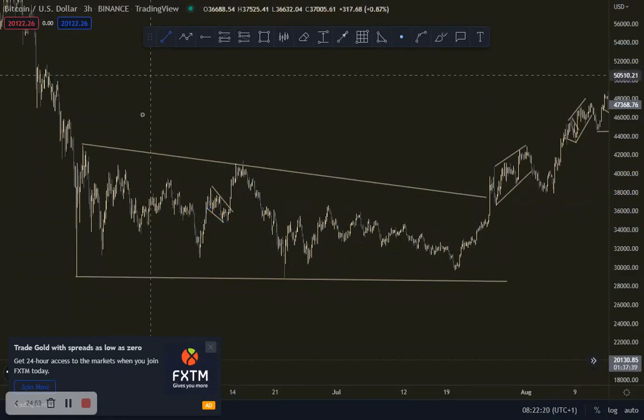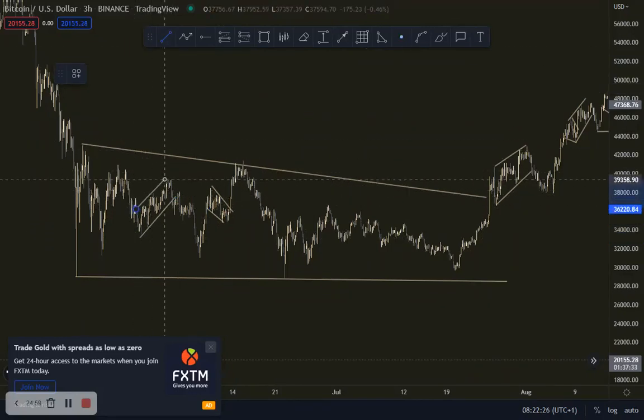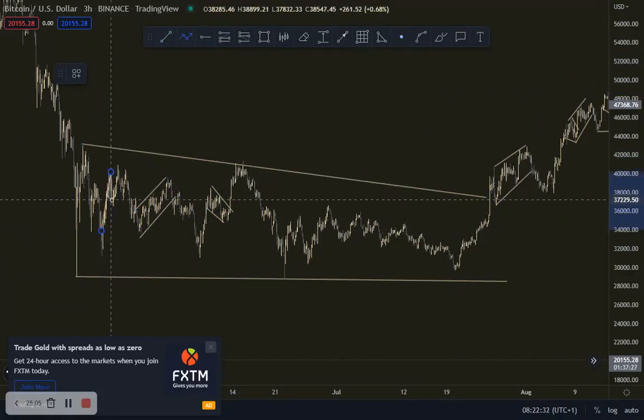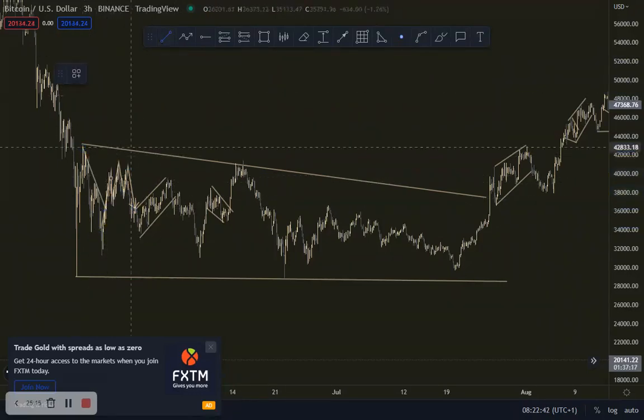You can still find flags. You can find head and shoulder. You can still find this channel pattern here.